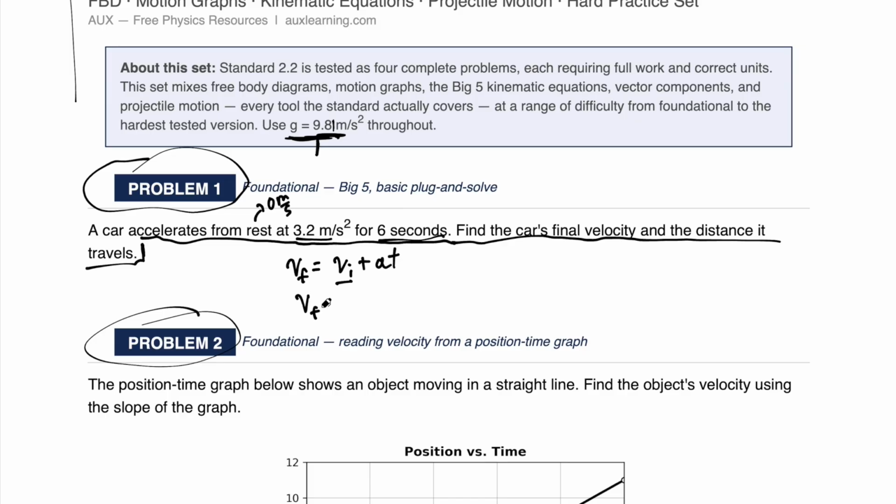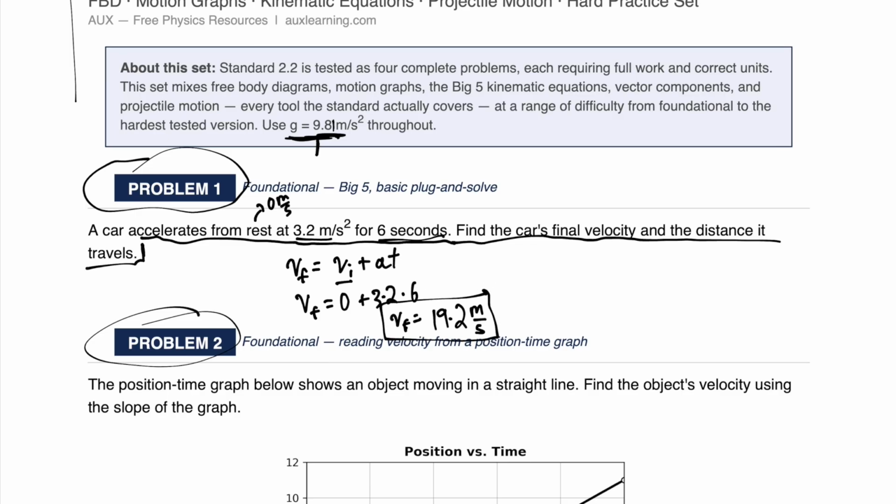Final velocity is equal to 0 plus 3.2 times 6. If you use your calculator, that's 19.2 meters per second.